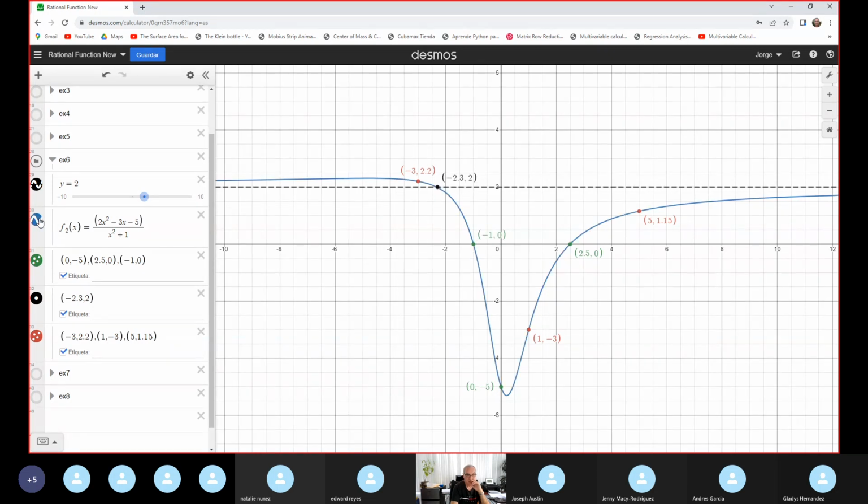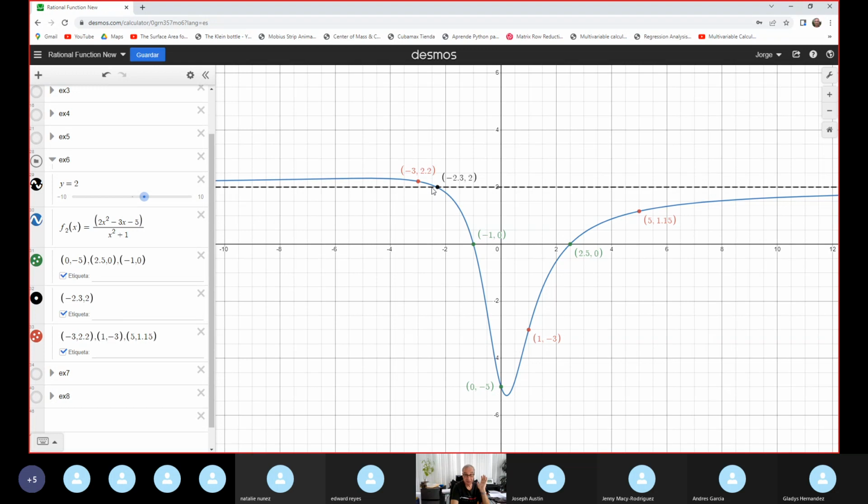I plot in green color 3 points: 0, negative 5, which is the y-intercept, and 2.5, 0 and negative 1, 0, which are x-intercepts. Then I plot in black color the famous point negative 2.3, 0, which is the point in which the curve crosses the horizontal axis.